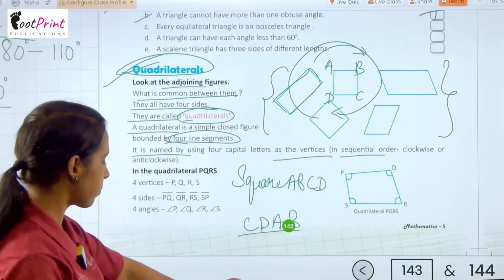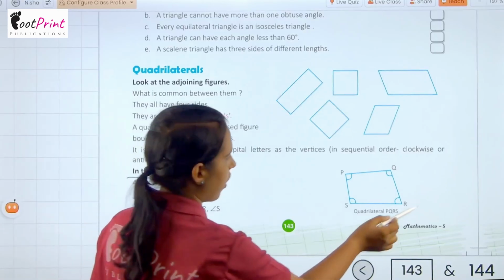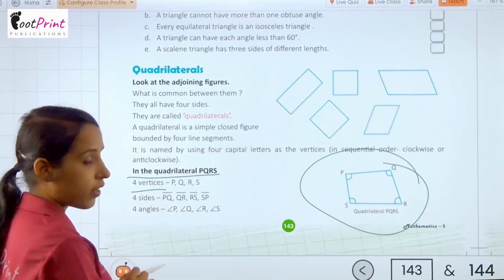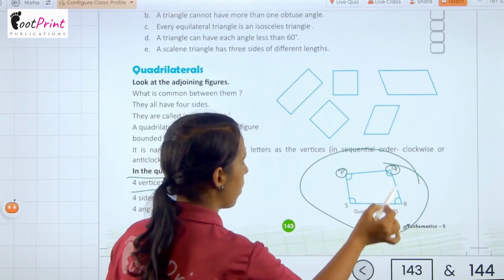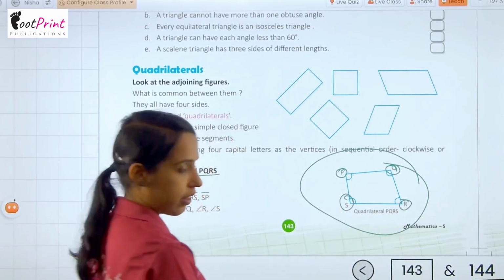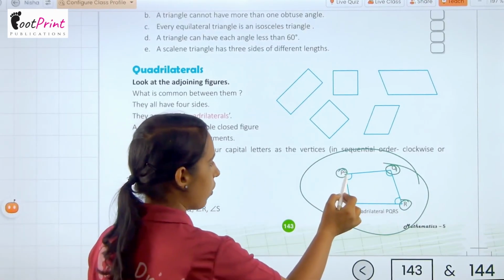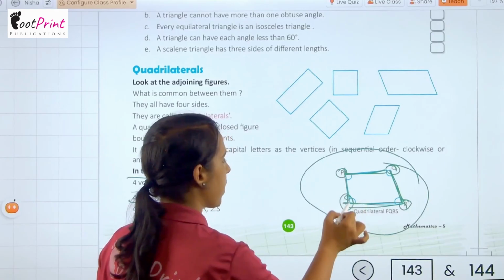Next, in the quadrilateral PQRS. So here we have a quadrilateral PQRS. We have 4 vertices, P, Q, R and S. And 4 sides are there, PQ, QR, RS and PS.